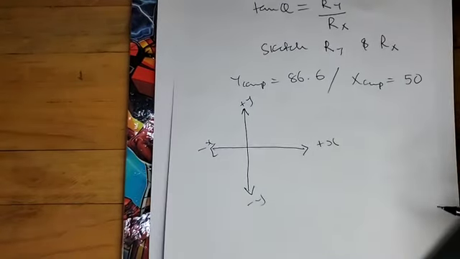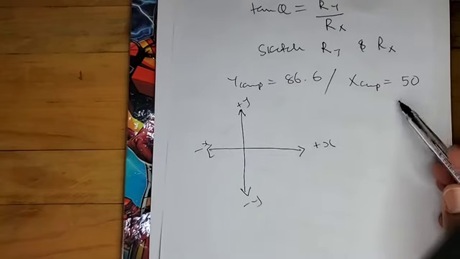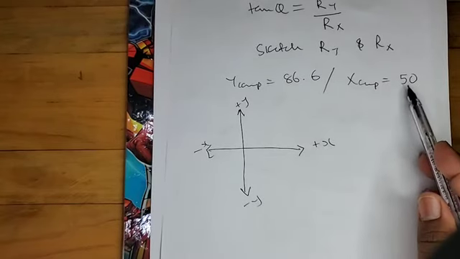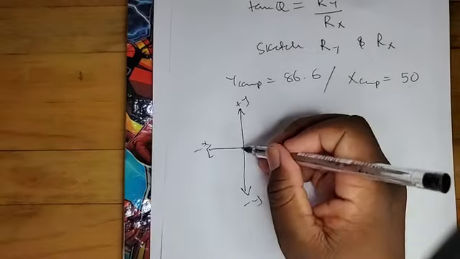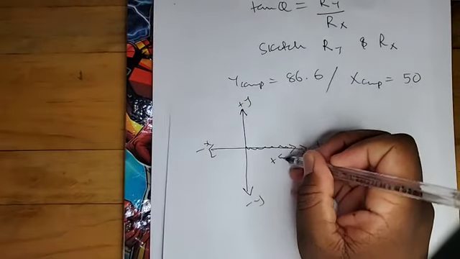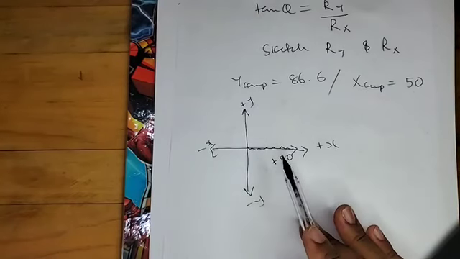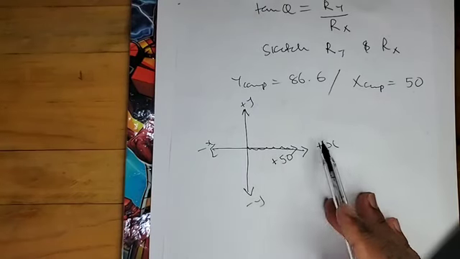Okay. So now, following this, in the x we're going to move to the right, 50 units. So that is positive 50. On this diagram, only write the positive forms of numbers.